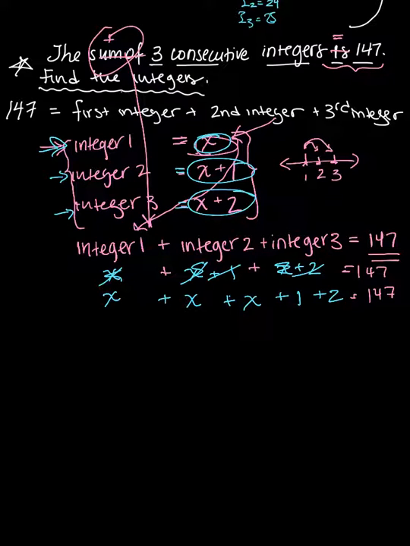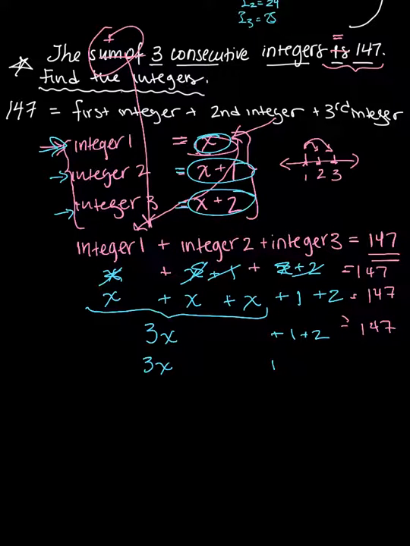Holy moly. Now I can move to combining like terms. x plus x plus x. How many x's do I have? It's the same as 3x. Good. Plus 1 plus 2 equals 147. Now 3x plus 1 plus 2 is plus 3 equals 147.